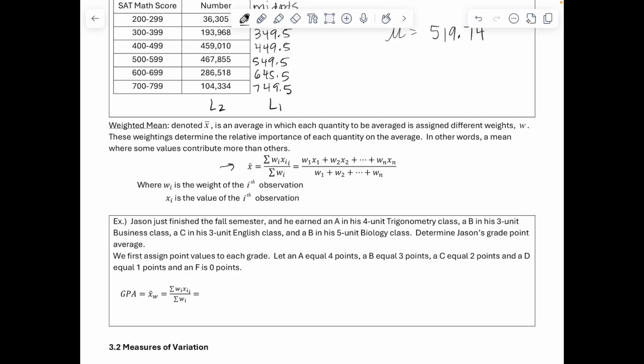You might be taking a class that's 5 units, and a different class that is only 3 units. Obviously the 5-unit class is going to weigh more than the 3-unit class. So we're going to sum up all the weights times x, where x is the value of the ith observation and w is the weight of the ith observation, and then divide by the sum of all the weights.